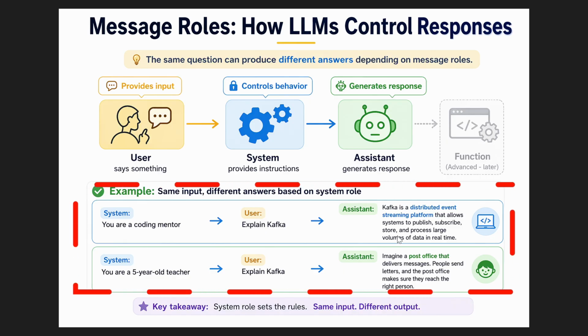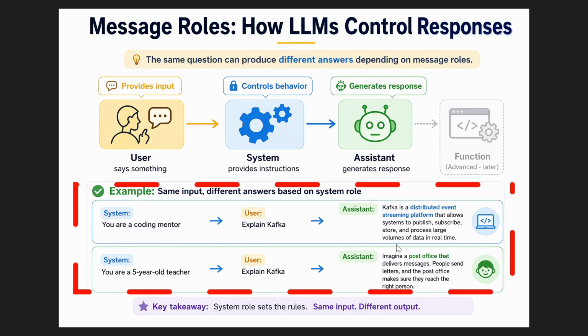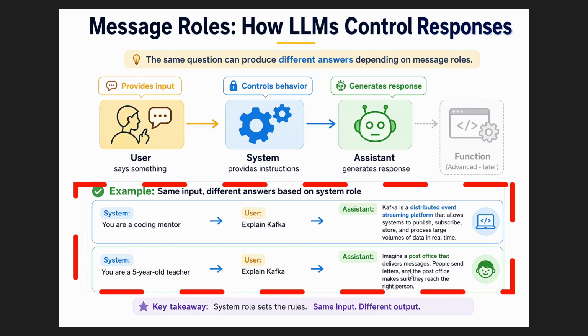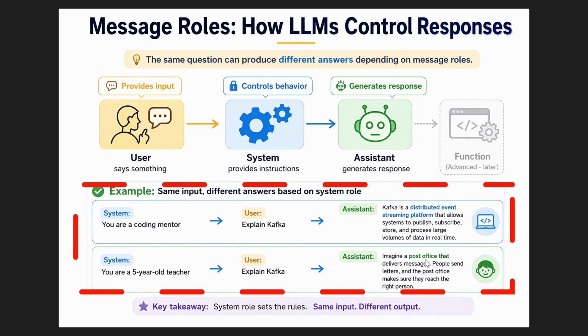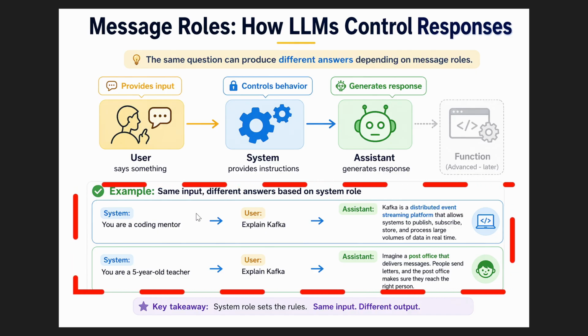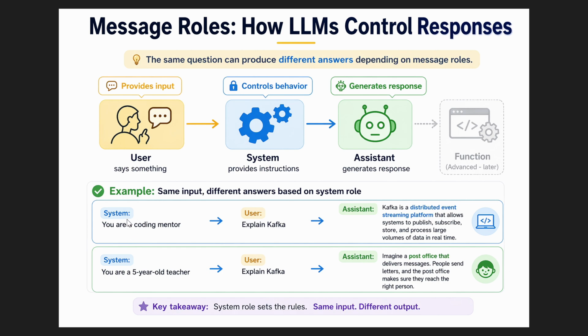So one answer becomes more technical and the other answer becomes super simple. That's the power of message roles. We are not just asking questions. We are shaping behavior. So now instead of just theory, let's see how this actually works with examples.